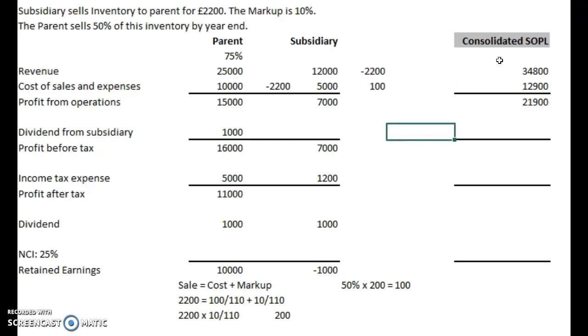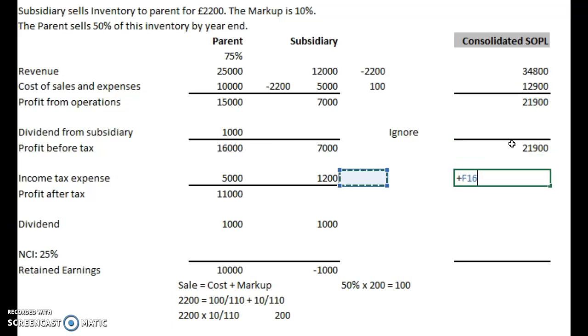The dividend from the sub, that's 1,000, we need to ignore this because it's just a transaction between the two entities again. That gives us a profit before tax equal to that.